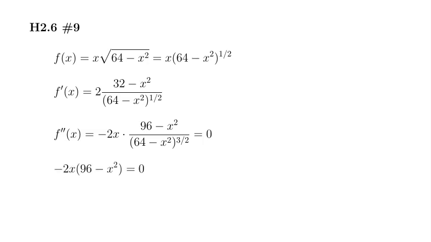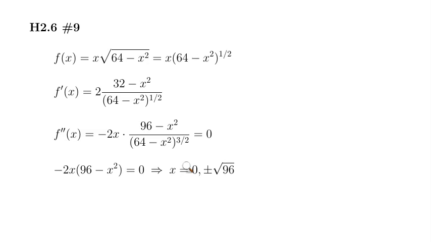Then you can see that x equals 0, or if you set that part equal to 0, it's going to be plus or minus square root of 96. So we get either x equals 0 or plus or minus square root of 96.